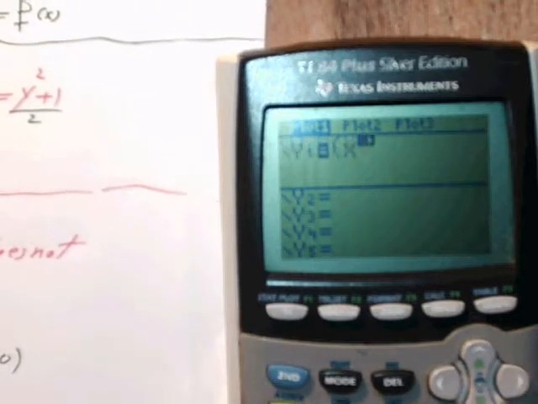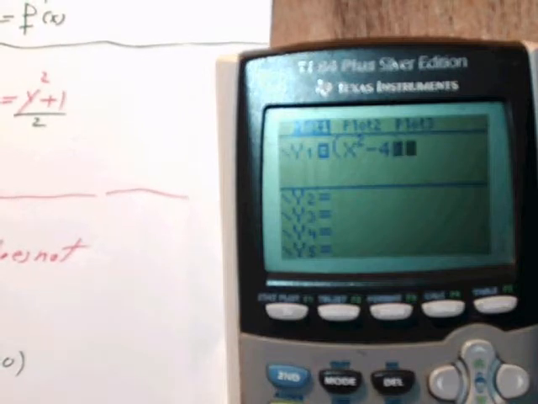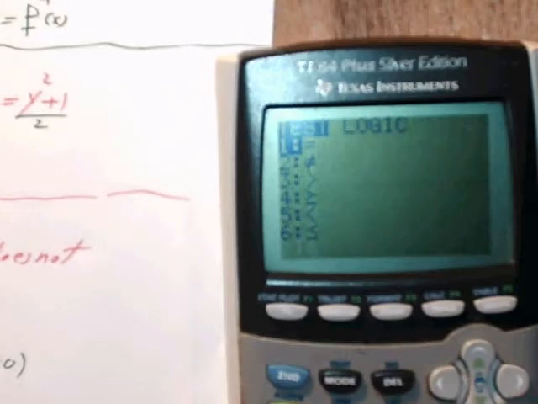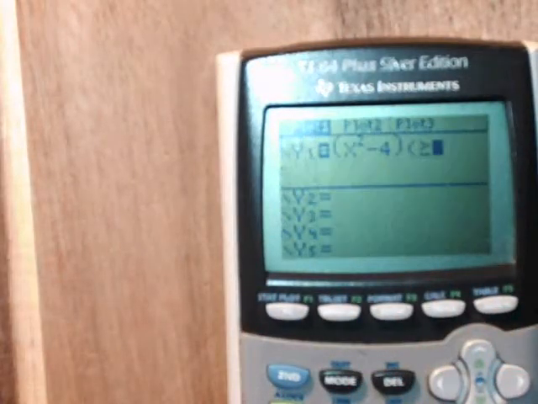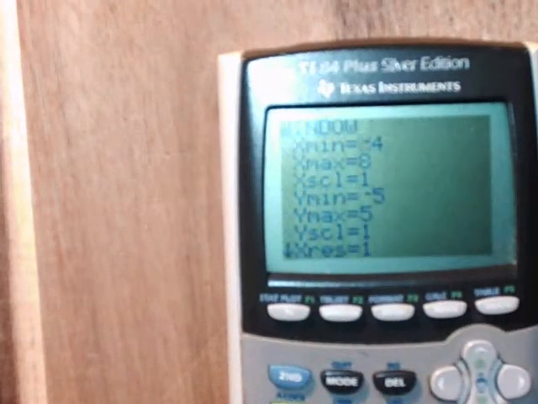X to power 2 minus 4. Then I have to go to second math, and I want x bigger than or equal to 0, which is number 4. My window, I think, should be okay.